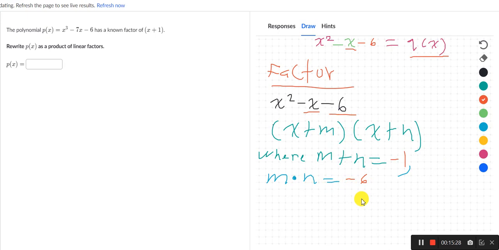What numbers are those? When you add the numbers, you get negative 1, and when you multiply the numbers, you get negative 6.